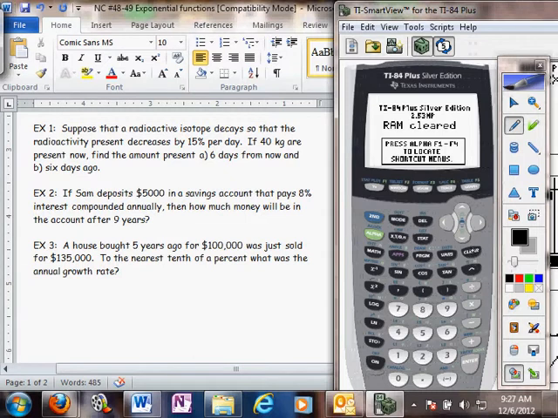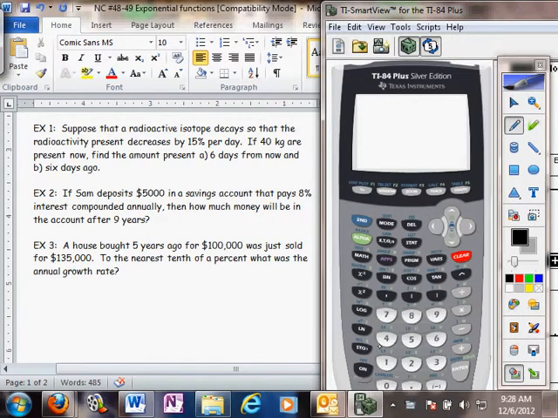So I have 40, parentheses, 1 minus 0.15, close parentheses, to the power of 6.